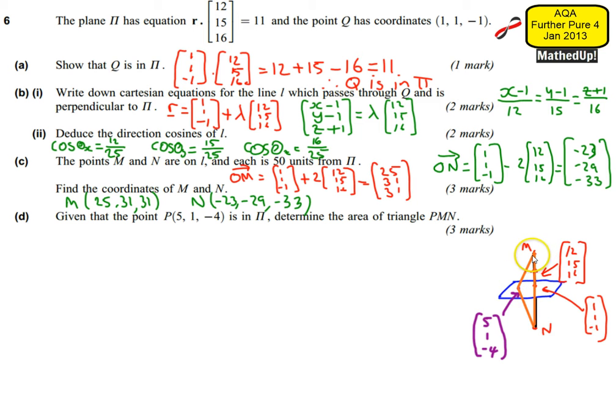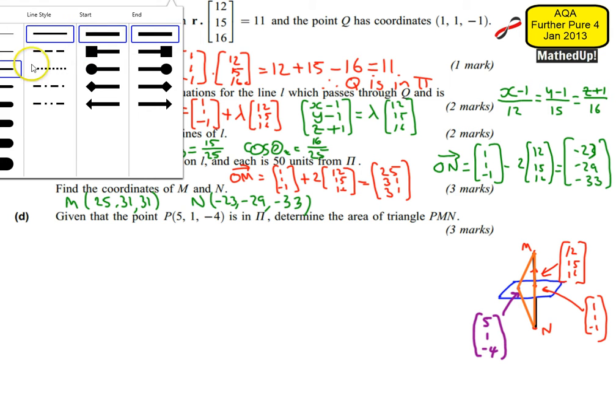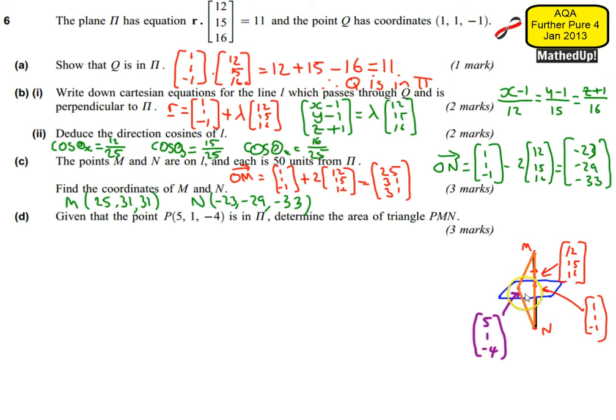Now we already know the base of this triangle is going to be 100. So what I need to know is what the height of this triangle is going to be. Okay, so that's my base there of 100. What's the height of the triangle going to be?